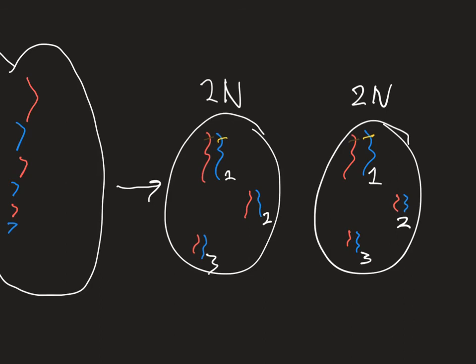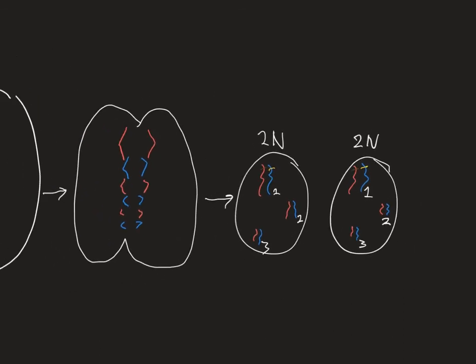And so just to be complete here, I want to answer the review questions. What is the ploidy of the parental cell at the start of mitosis, haploid or diploid?